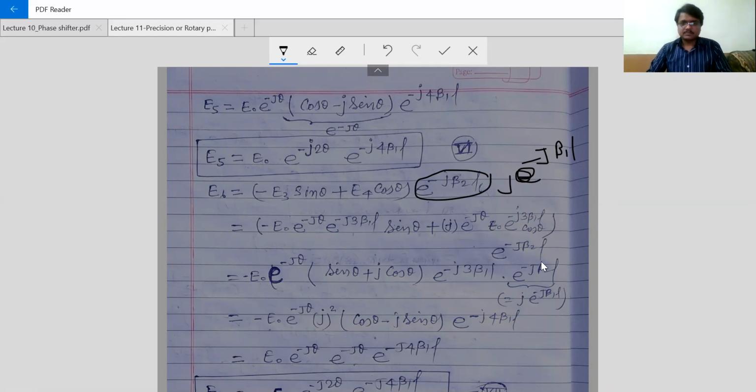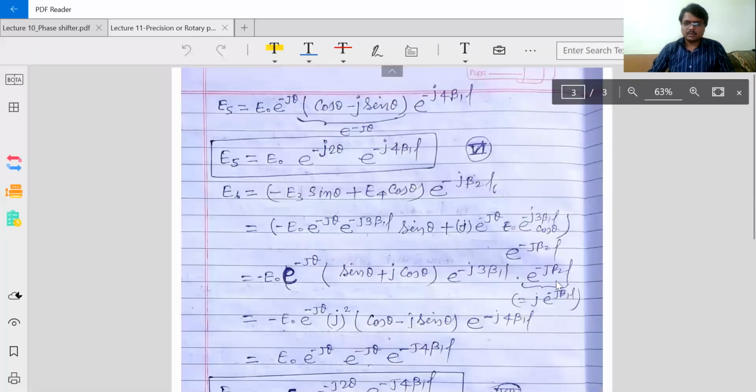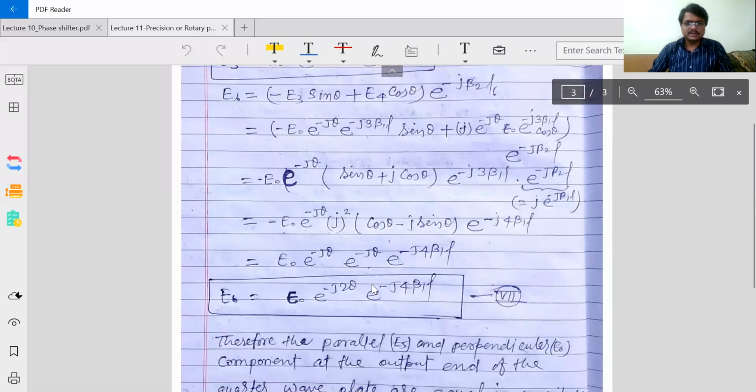This is possible by solving this one and putting this value e to the power minus j beta 2 l equal to j e to the power minus j beta 1 l from equation 2 and 3 here. Finally we will get e naught e to the power minus j 2 theta e to the power minus j 4 beta 1 l.